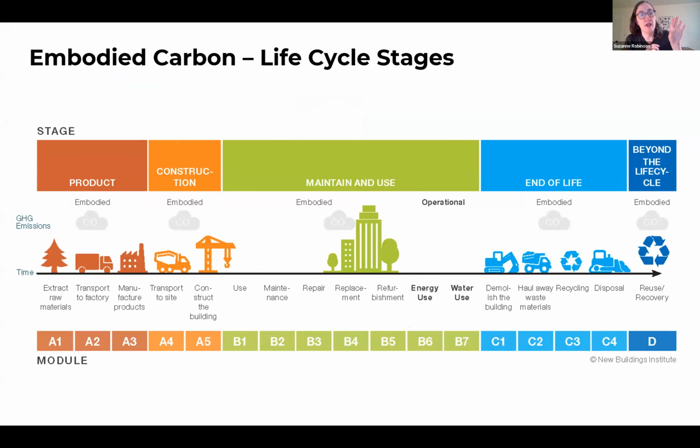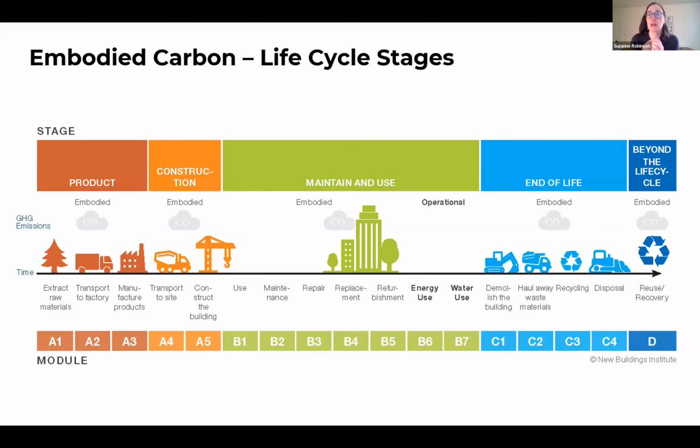We have the extraction of raw materials, the transportation of those materials to the factory, and then manufacturing. Those are your A1 to A3, and that's where you see a lot of the data currently around impact values for embodied carbon. Then you move on to taking those materials to the construction site.